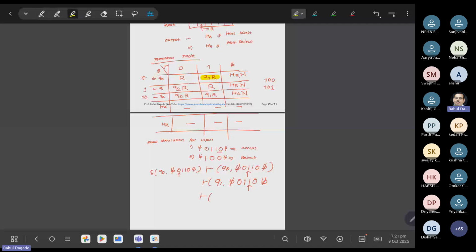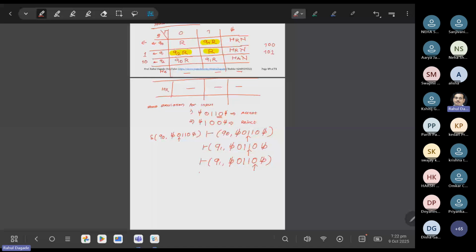Q1 for 1 is just moving the pointer to the right and remaining in the same state, that is 0. And now what is Q1 doing for input 0? For 0 it is going into the Q2 state and moving pointer to the right.